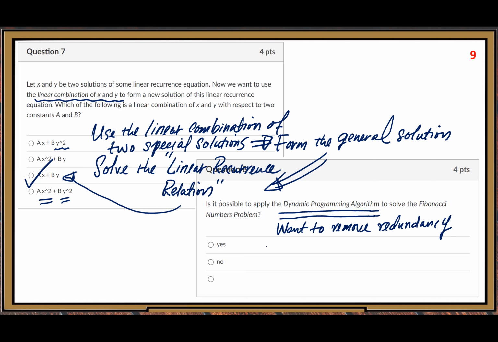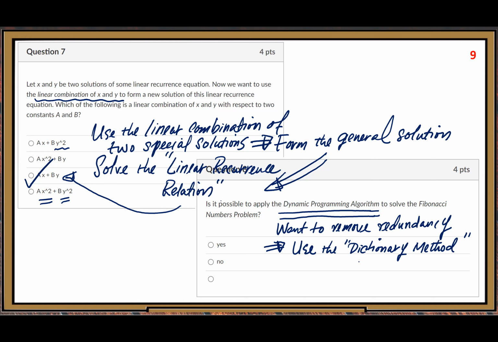And we use a special method called the dictionary method. So we create a dictionary. What kind of dictionary?